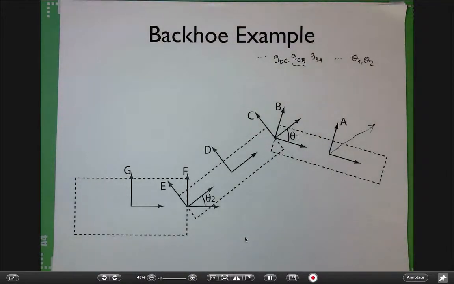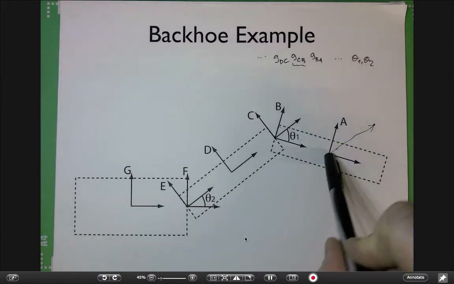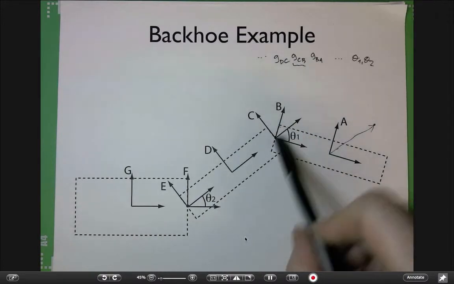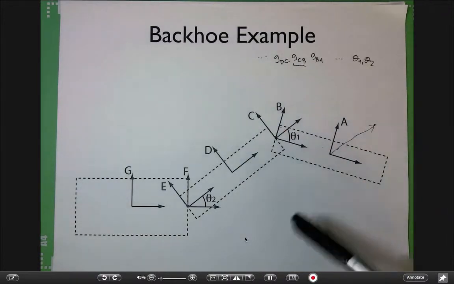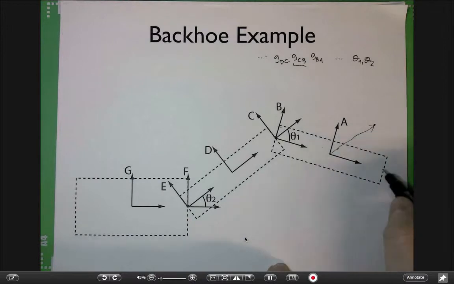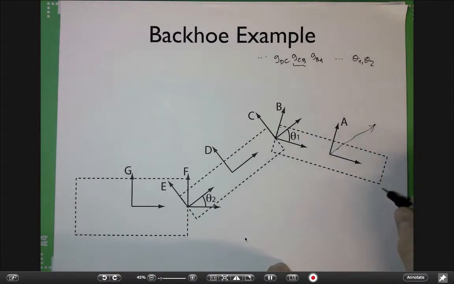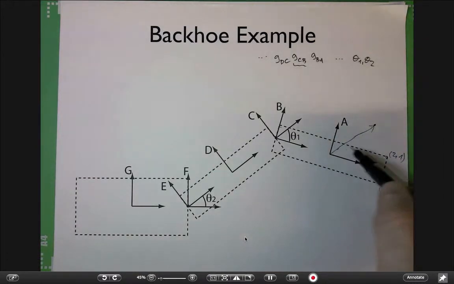That doesn't really matter. If I have a coordinate system A, it's very easy for me to figure out what the coordinates of this block in A are. If it's like 3 units or 2 units long and 1 unit thick, then this would be 2 and -1, this would be 2 and 1, and so on. So figuring out the coordinates of these points with respect to A is trivial.